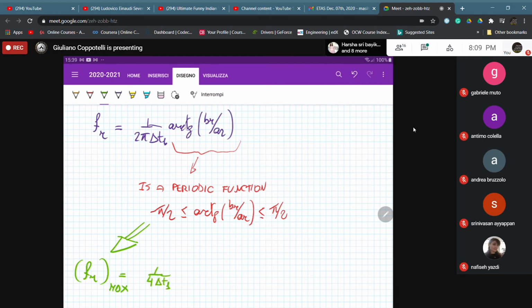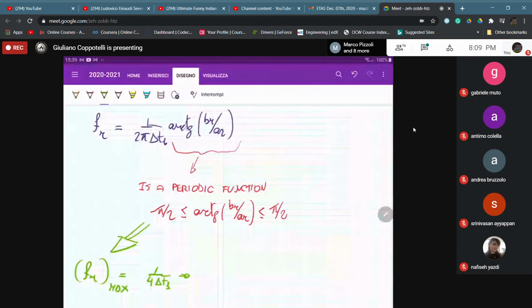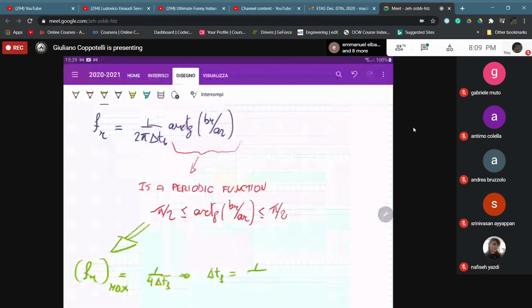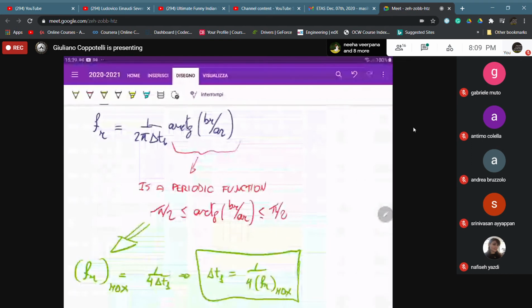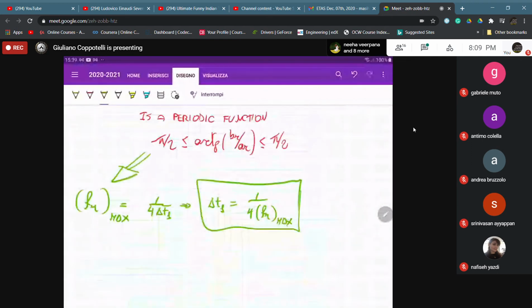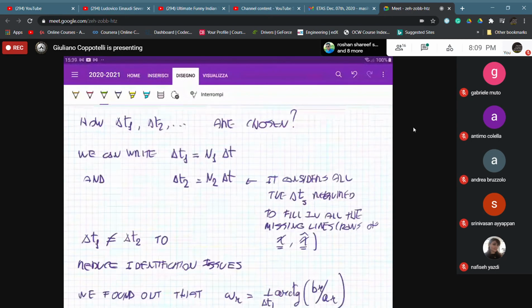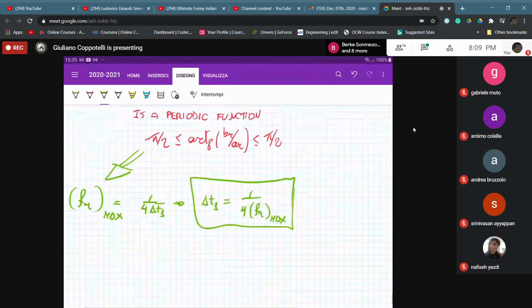Okay, and therefore your delta T1 is given by 1 over 4 times the maximum value of the natural frequency that you are interested in. Okay, and that is the criterion that we have to consider to choose your first time shift. And then the others should be higher, by considering the set of N2, 3 and so on that we have in this analysis.